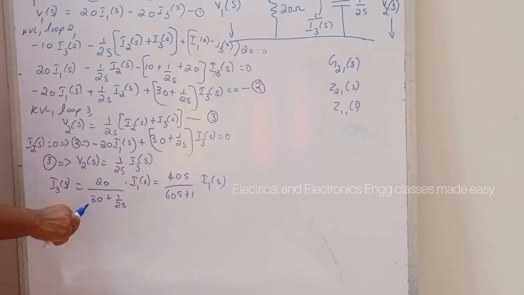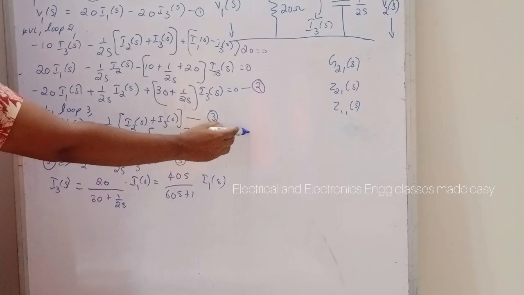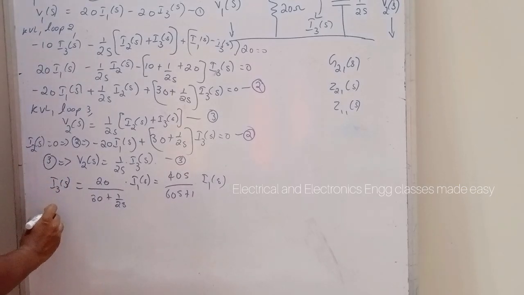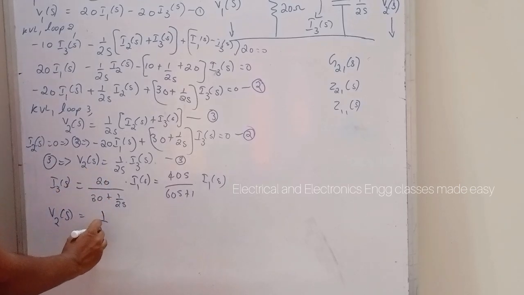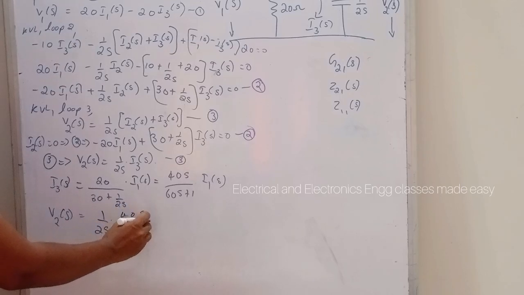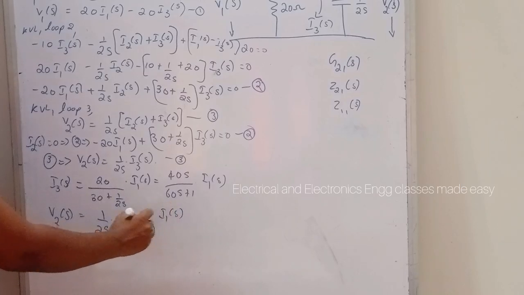Now put this value in this equation, that is in the third equation. So we will get V2(s) is equal to 1 by 2s into I3(s), which is 40s divided by 60s plus 1 into I1(s).